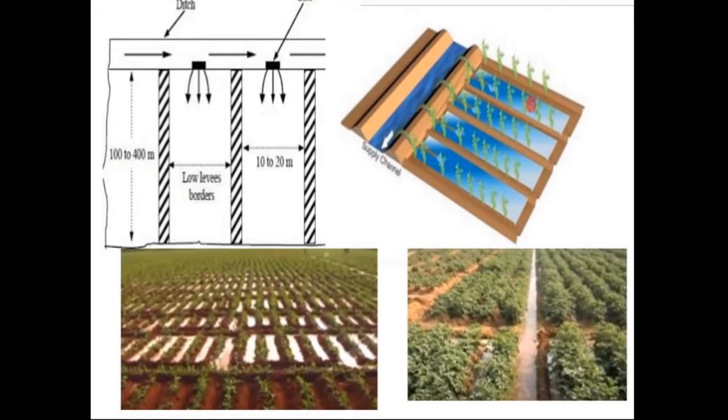In this method, the field is divided into narrow strips by low parallel ridges on the sides. The border strip is formed by leveling and grading the land between the ridges. The size of the strip depends on the type of soil, slope of the land, and size of irrigation stream.